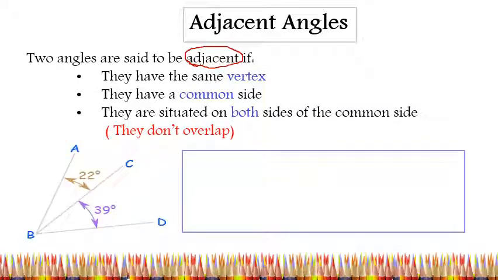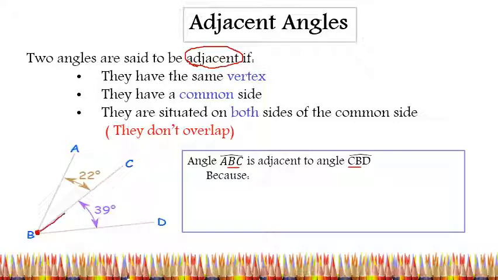What do I mean by that? Here, for example, I'm talking about ABC and CBD. They are adjacent. Why? They have the same vertex, which is B. They have the same side, which is CB or BC.